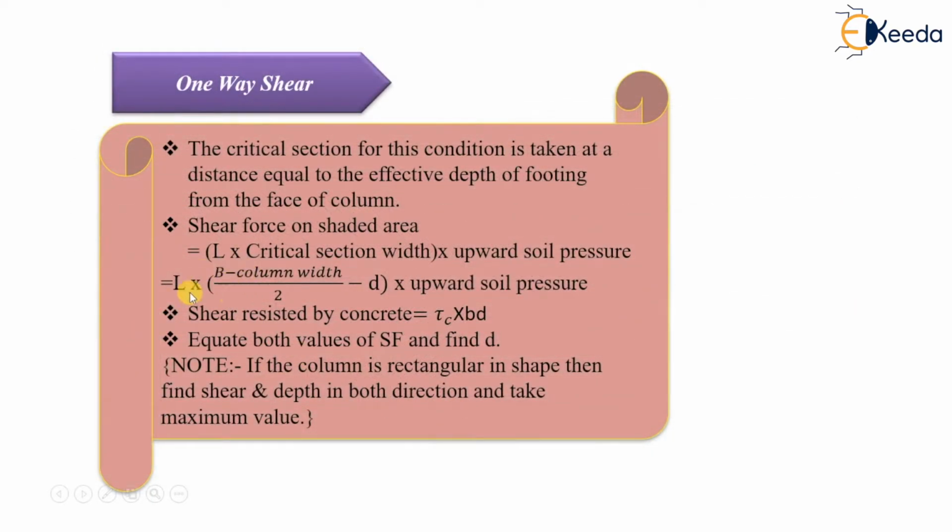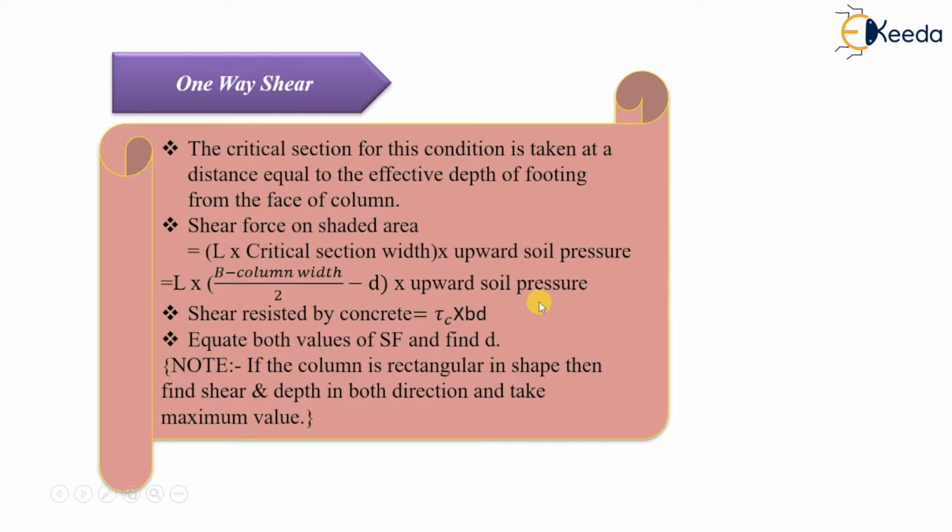Here you can see that I have put this in a formula way: L into (B minus column width) upon 2 minus effective depth, and this is our area, the area of the critical section. Then, for calculating the shear force of that shaded area, we have to multiply that area with the upward soil pressure.